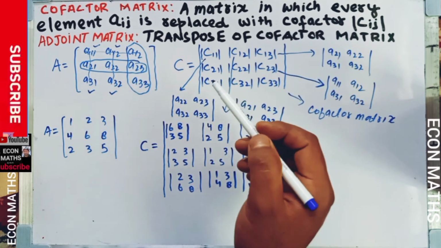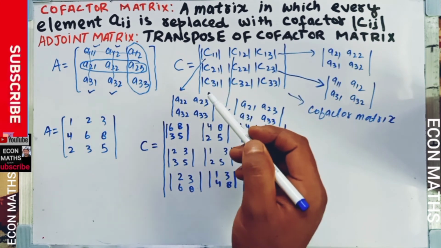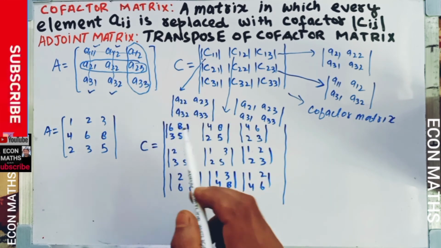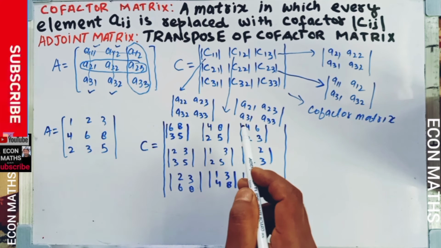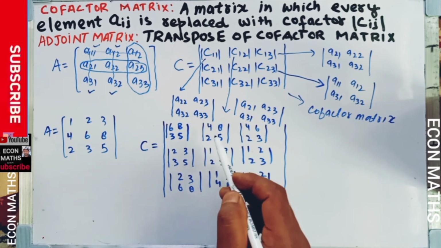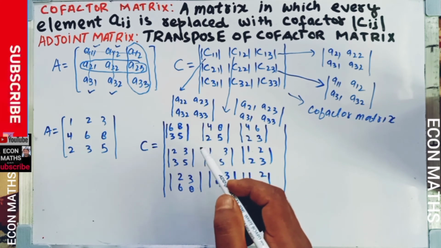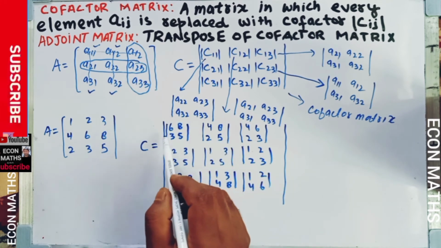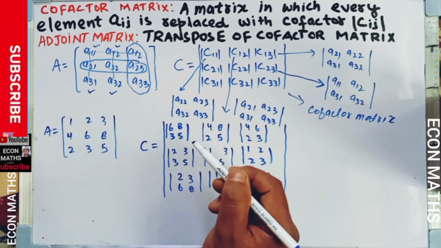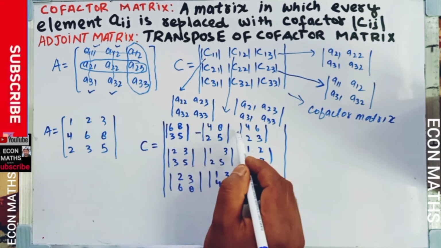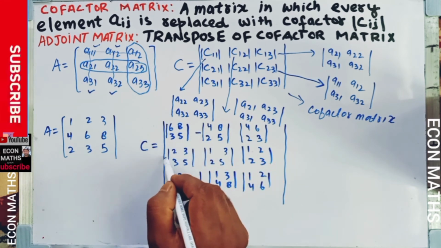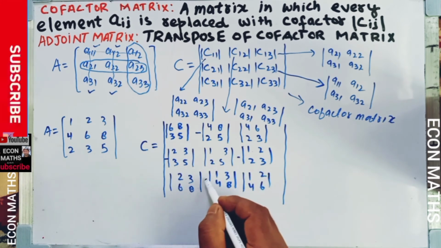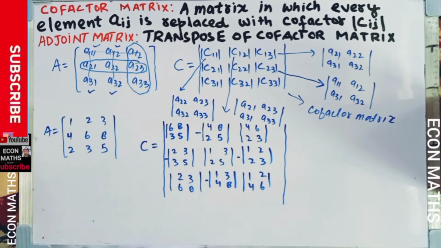Now one thing is to be remembered here: we have to change the signs alternately, because according to the law of cofactors, this first element will be positive and second will be negative. This will be positive, third will be negative. This is positive, this is negative, this is positive, this is negative, and this is positive.